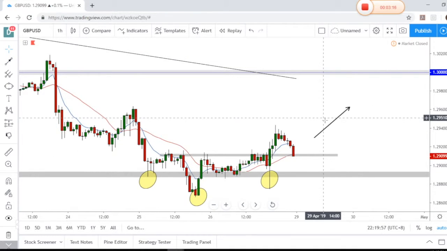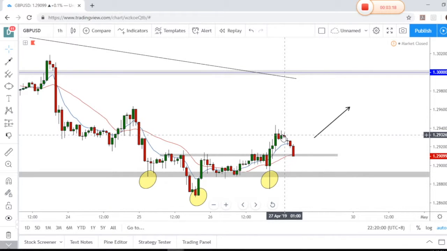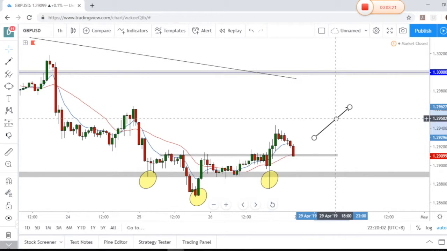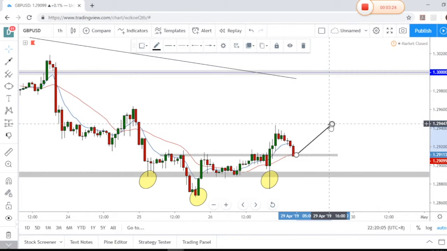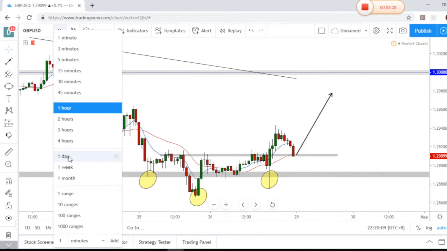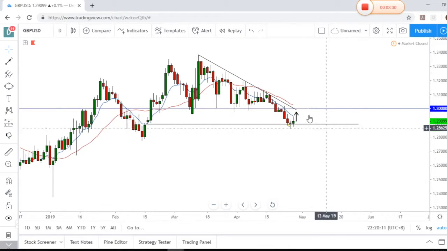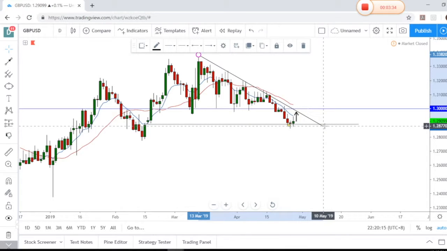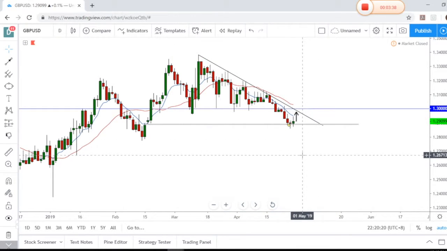Right, so we have a retest candle over here, back to the neckline. What I'm really hoping for is for the price to go even higher. But bear with it, because currently it is still in a bear market, where the previous closure was below the 1.3 level. So overall it is still in the downtrend.